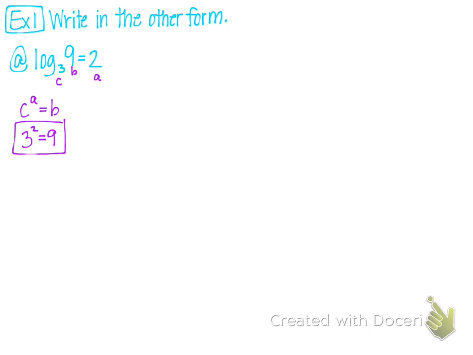Let's do another one. So let's do 2 to the 6th power is equal to 64. This is our exponential form, and we want to change it to our log form. So this is C, this one's A, and this one's B. So this is in cab form, and we want to switch it to the backwards alphabet.